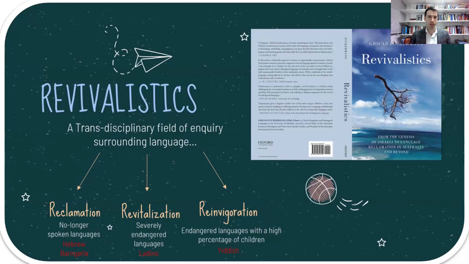Revitalization, which means trying to increase the health of a severely endangered language, for instance, Ladino or Judeo-Spanish, and reinvigoration, which is the work towards furthering a language that is, yes, endangered, but still features a high percentage of children who can speak that language. And so within reclamation, we can see that a language that is no longer spoken by anybody can nonetheless come to be spoken by somebody, meaning there is no such thing as language extinction, strictly speaking, right?